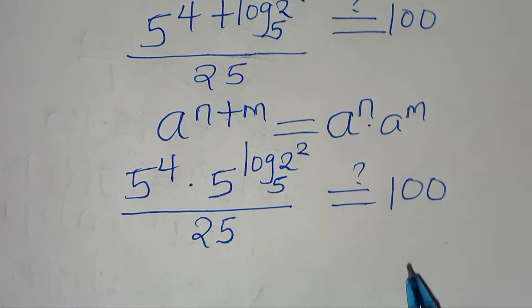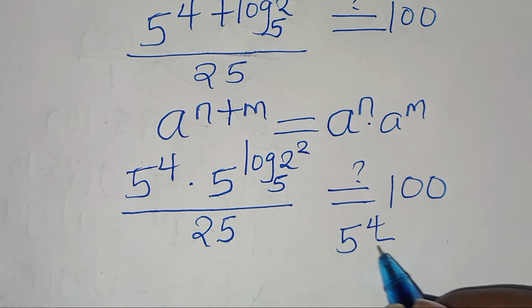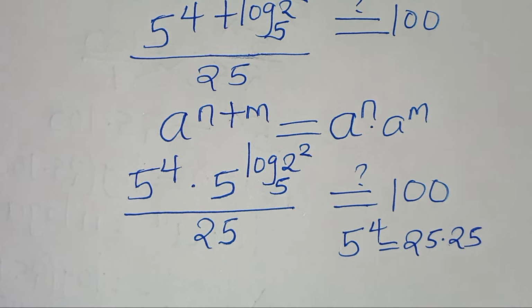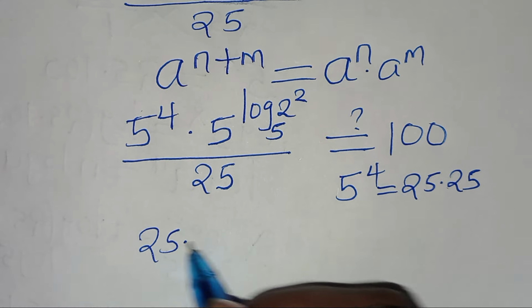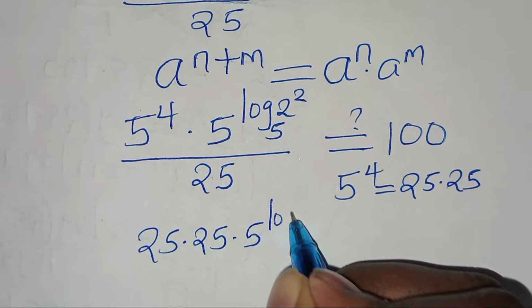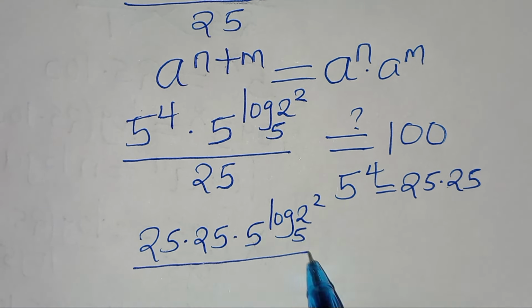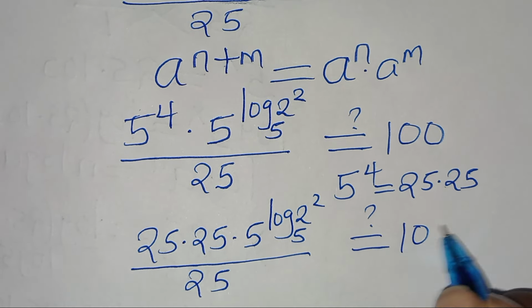Now, we have that 5 to the power of 4 is the same thing as 25 times 25. So we have 25 times 25 times 5 to the power of log 2 to the power of 2 to base 5, then divided by 25. This is supposed to give us a value of 100.